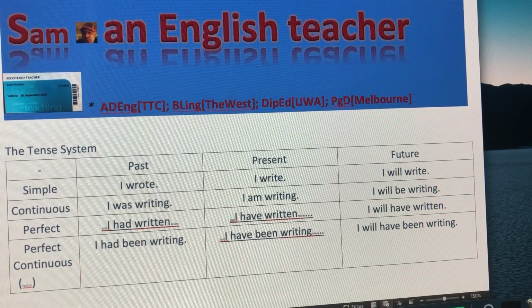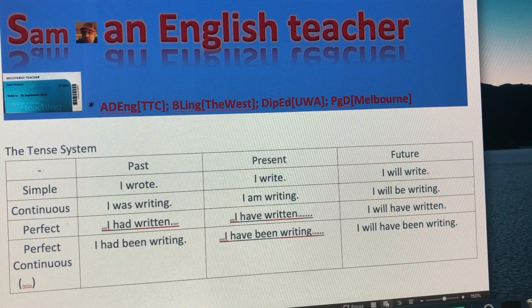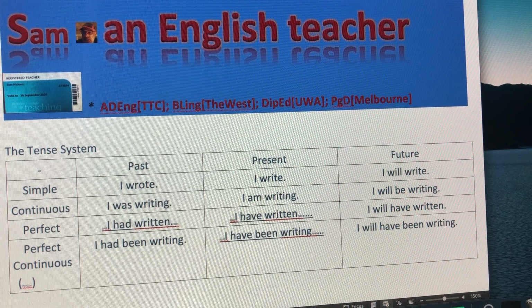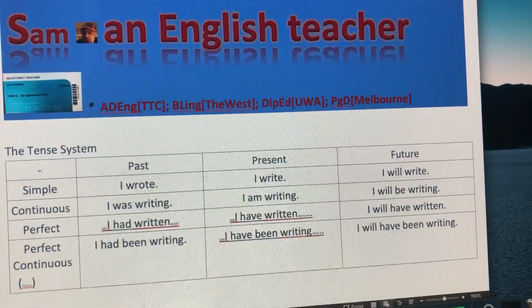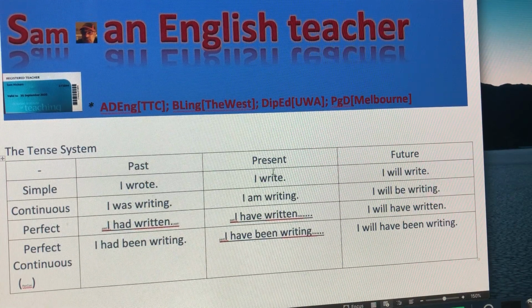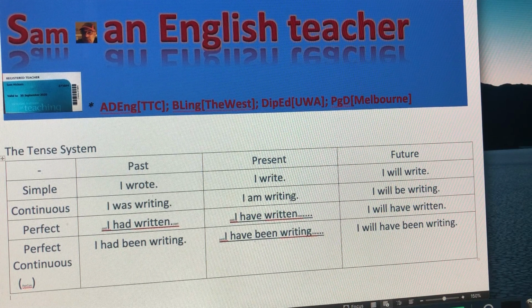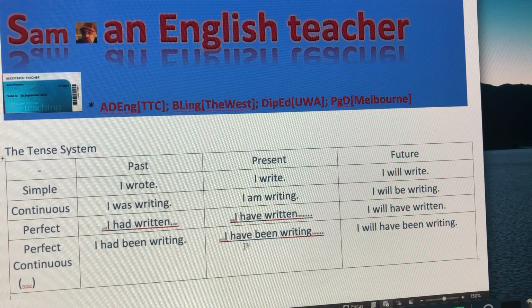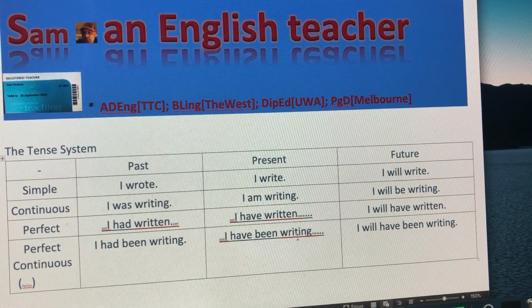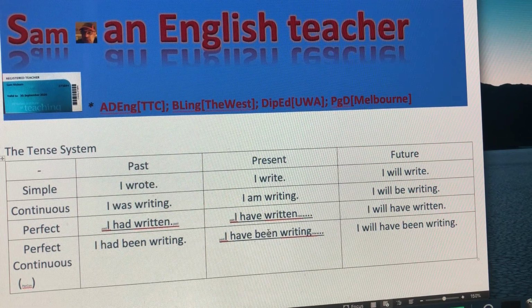Now, folks, I want to say this to you. You can now make thousands of sentences and tenses by replacing different words in this tense system. What I mean is, instead of saying I write, I say I drive, I'm driving, I have driven, I have been driving.